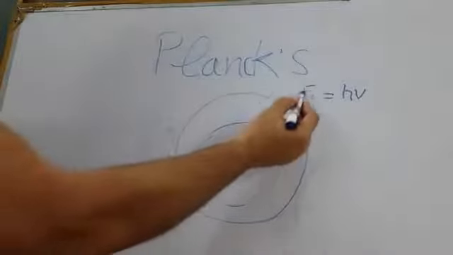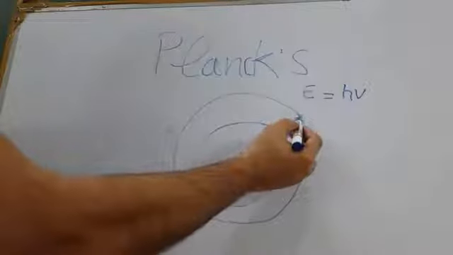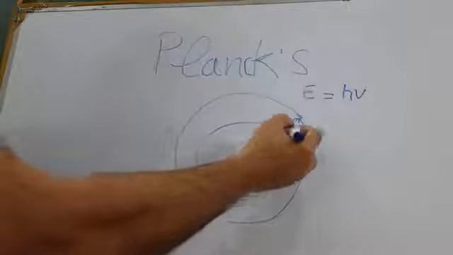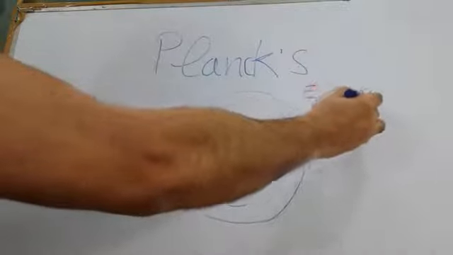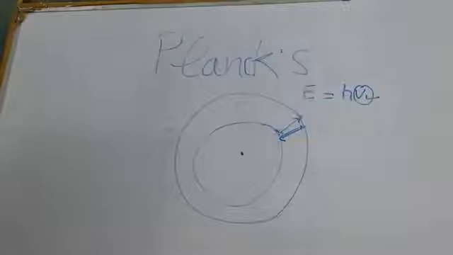That is why if this amount of energy change is there between this and this orbit, then this frequency shall be emitted by the electron.